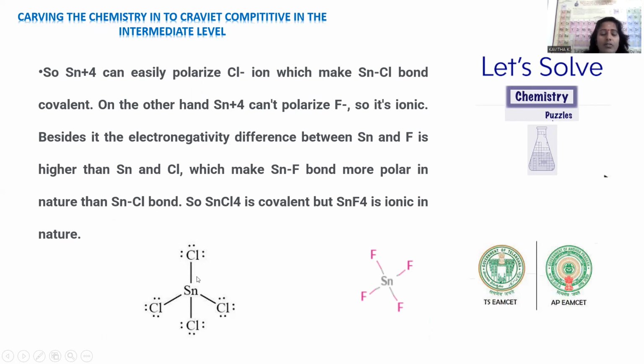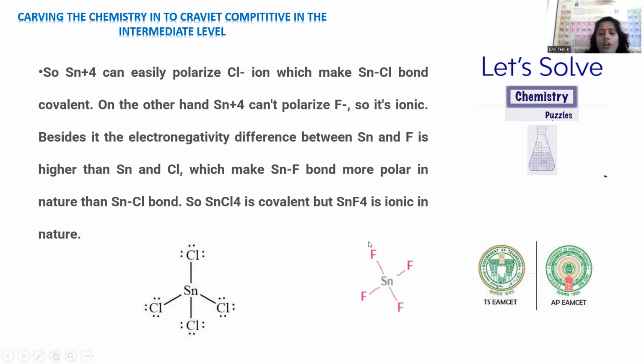In tin tetrachloride, mutual sharing of electrons between tin and chlorine is possible. And one more thing: Sn +4 easily polarizes chloride ions, so covalent overlapping is noticed.